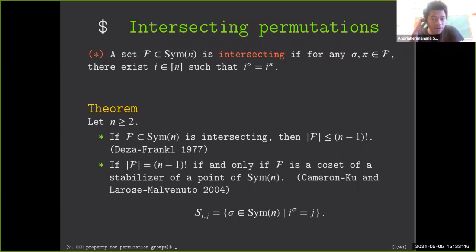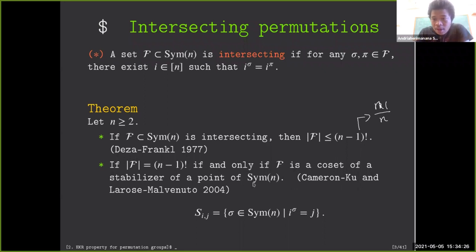Deza and Frankl proved in 1977 that if F is an intersecting family of the symmetric group, then the size of F is at most (n minus 1) factorial. Notice that this corresponds to the size of a point stabilizer in the symmetric group. And Cameron and Ku in 2003 and Larose and Malvenuto in 2004 proved that the intersecting families that attain this bound are exactly the cosets of a point stabilizer of the symmetric group.